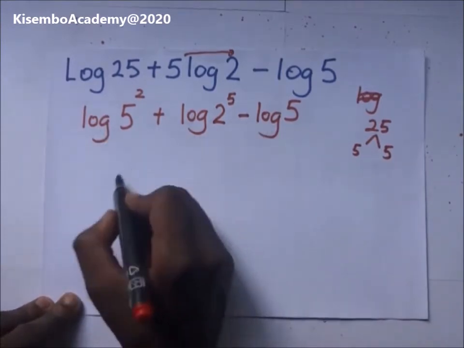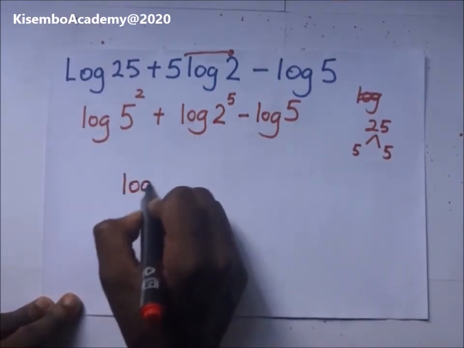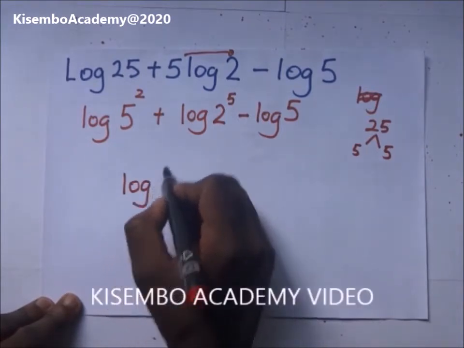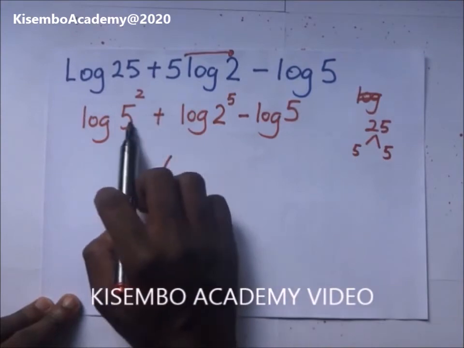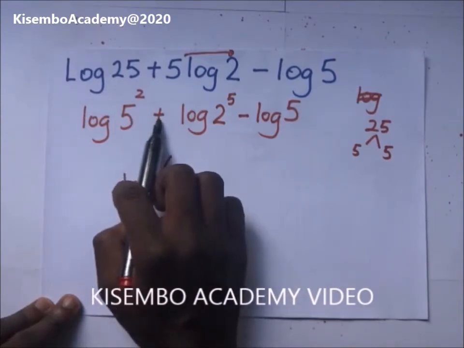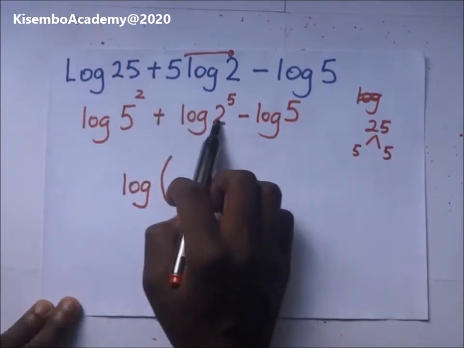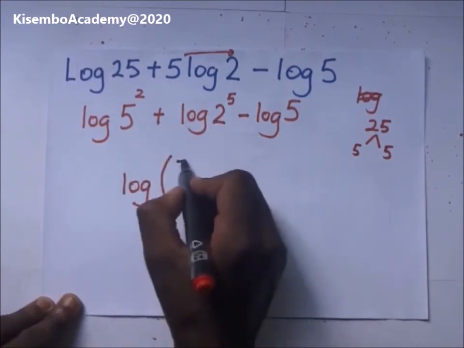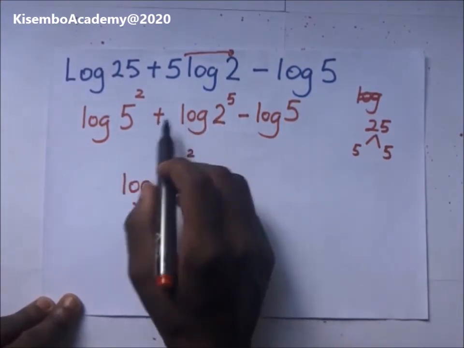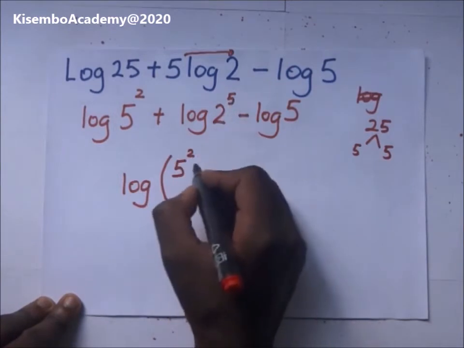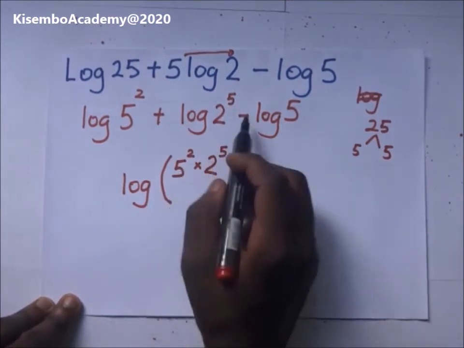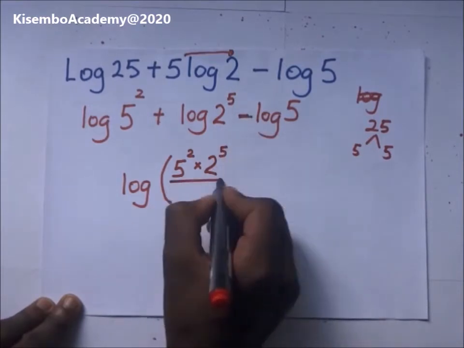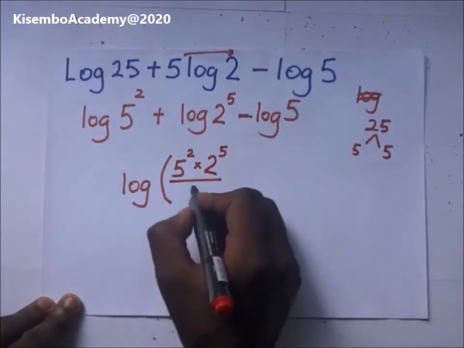Because they are of the same base, we shall maintain the same log, which is log base 10, of, now you add, this is 5 plus 2. It means you are going to say it is 5 to the power 2, multiplied by 2 to the power 5. Since this is minus, it means we shall divide by 5.